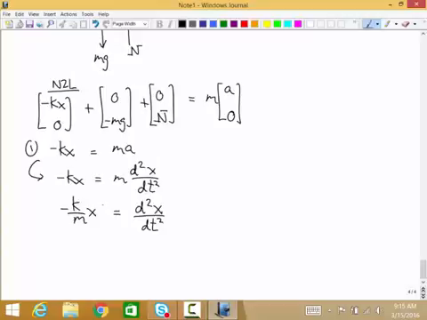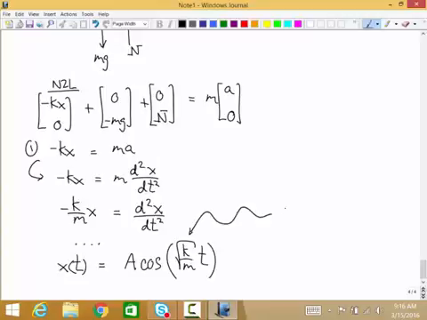And so the answer is x of t is equal to A times the cosine of square root of k over m times t. You don't have to know how to do that, but it's really just taking integrals and then matching up the constants of integration. And this term here gives you the frequency of the oscillations.